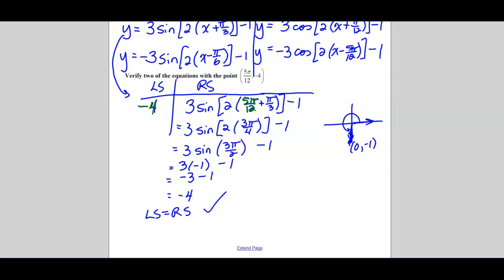That's if you verify algebraically, right? Probably we're not going to ask you to spend the time doing that for more than one question on a test. But that's how you do it.